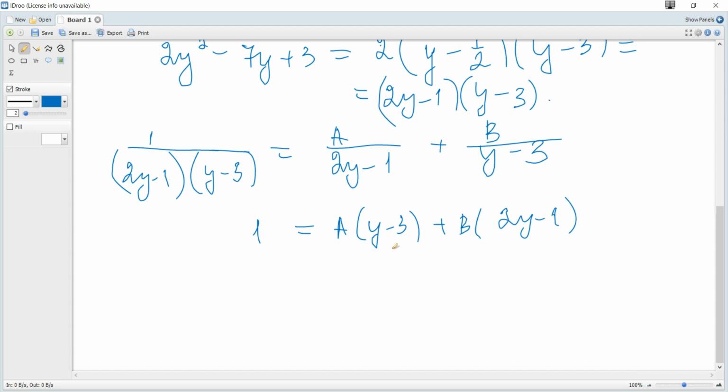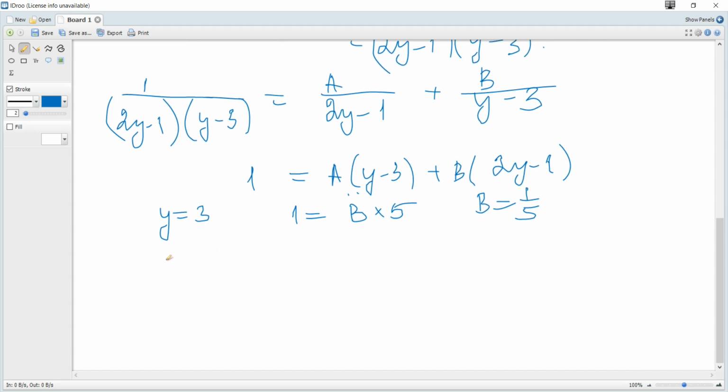Then we consider y to be 3 to get this to be 0, and when y is 3, we get 1 is 0 plus b multiplied by 5. Yes, so b is 1 over 5.